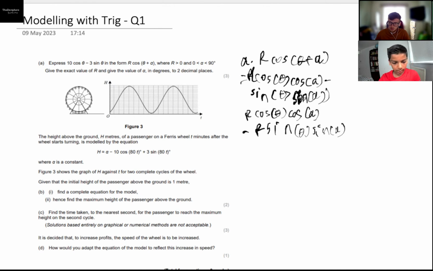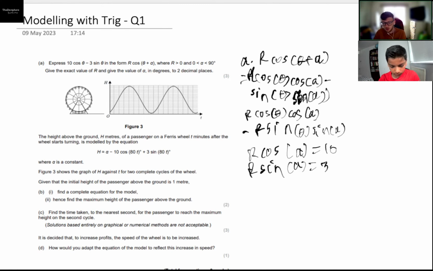Then if we compare the coefficients we get r cos alpha is 10, and r sine alpha is positive 3.